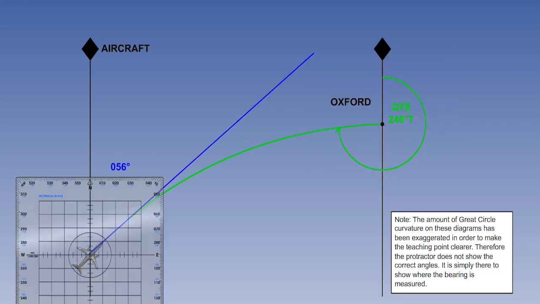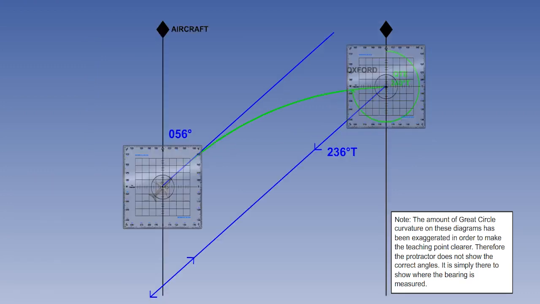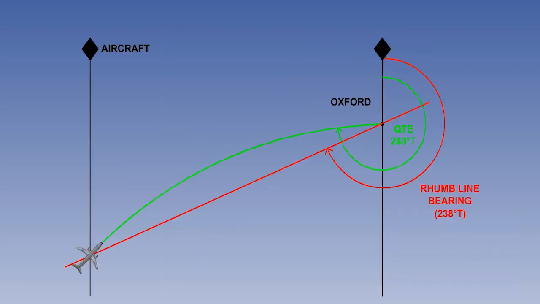If they could measure the radio wave coming from the ground station with their ADF, they would get a bearing of 056. Plotting the reciprocal, 236, remember you have to plot from the ground station, would give them a bearing here, south of their true position. The solution is to convert the great circle bearing into a rhumb line.